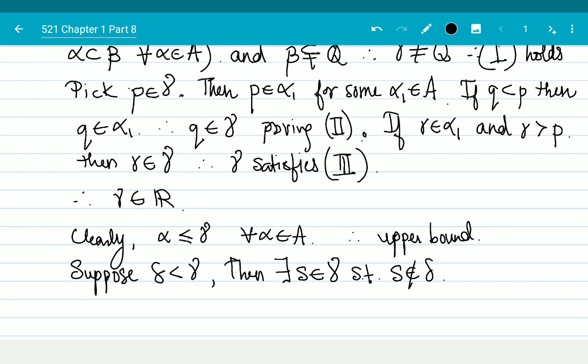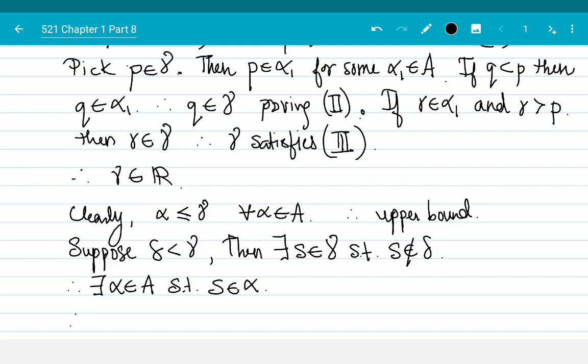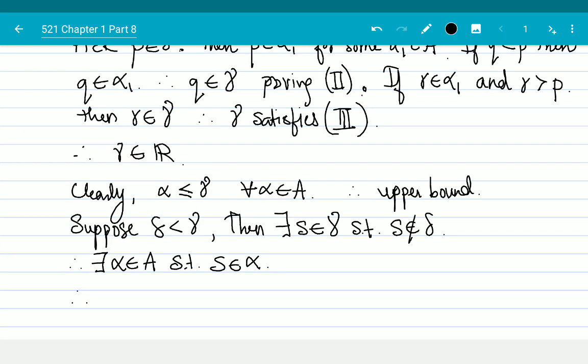Well, but what is the definition of gamma? Therefore, there exists some alpha belonging to A such that S belongs to alpha, right? So S belongs to alpha, and S does not belong to delta.